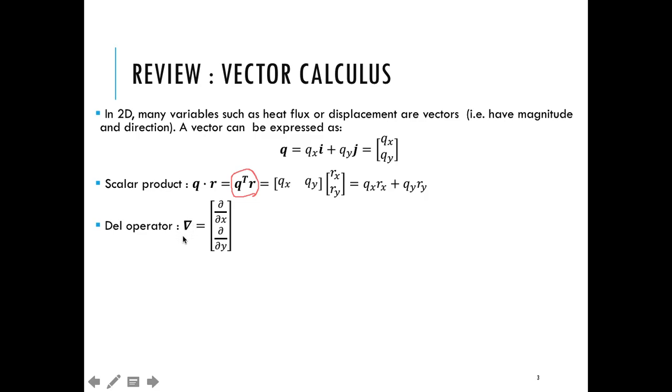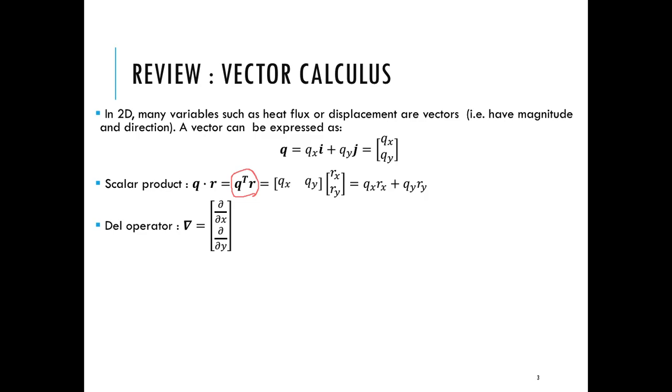So this is known as the del operator and it's often represented by the symbol nabla right here. अब ये del operator itself जो है that's also a vector, right?